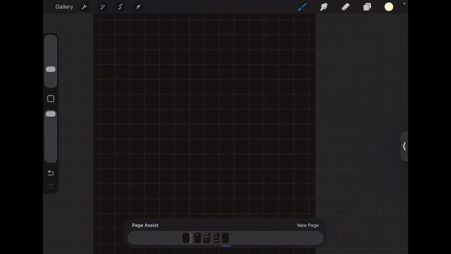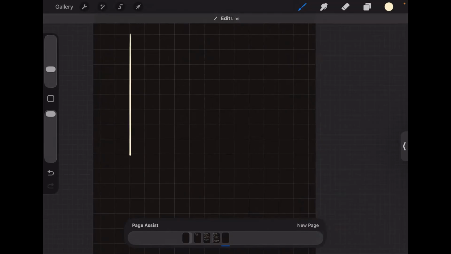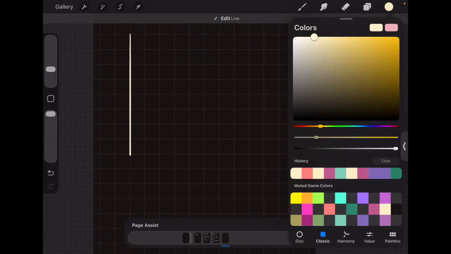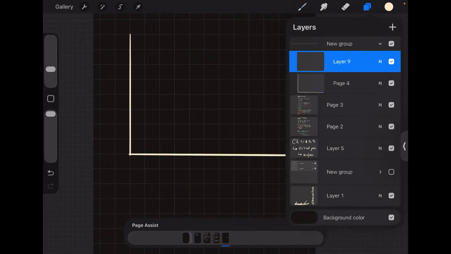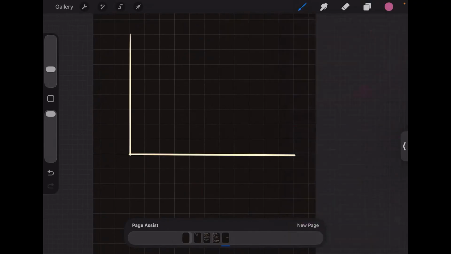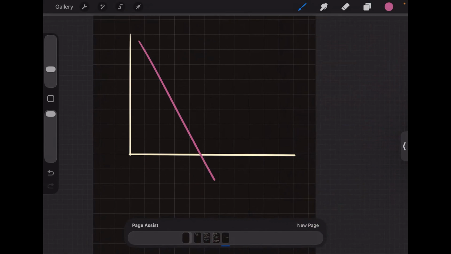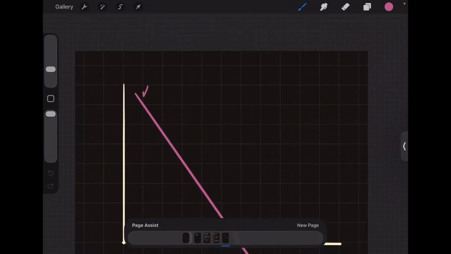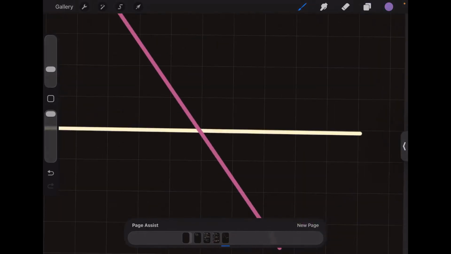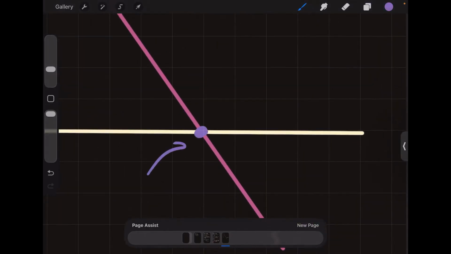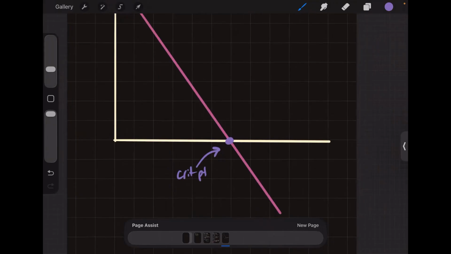So let's say that this is your f prime graph. Well, we know, just by looking at this, that this right here is a critical point. Now we're going to choose an epsilon.